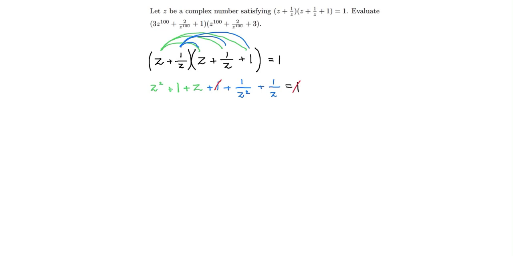we get that z squared plus z plus 1 plus 1/z plus 1/z squared equals 0.